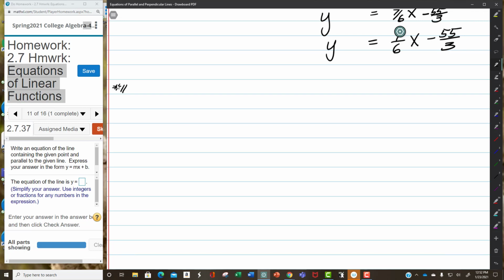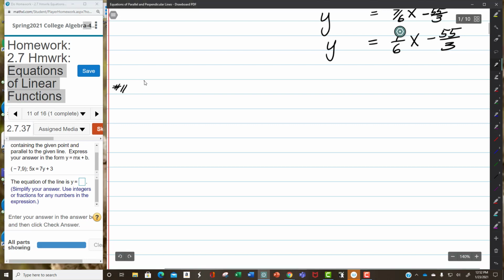And the point is -7, 9. And the line is all jumbled up: 5x equals 7y plus 3. I have to solve for the y term. We're not used to seeing it over there.